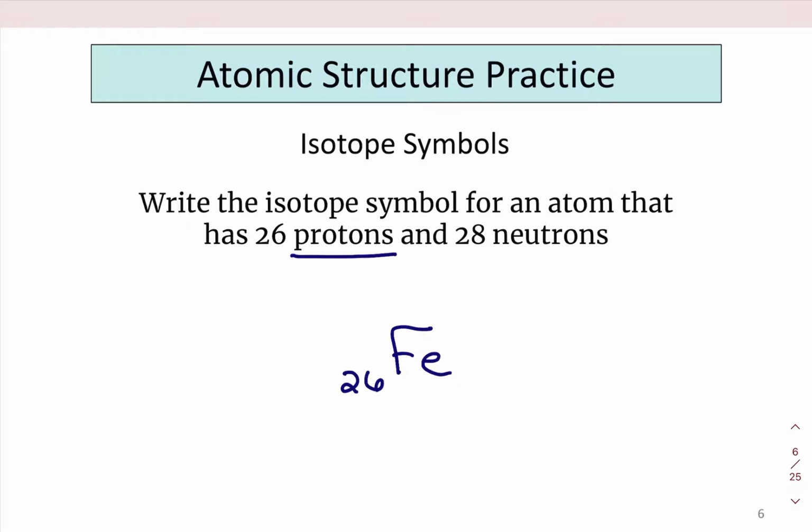And up in the top left, I'm going to write the mass number, which, of course, is the addition of 26 plus 28, which is 54. That's the chemical symbol for iron right there. That's the isotope symbol, if you will. Now, you could have also written this as iron-54, something like that, okay? That's the things we're looking at there.